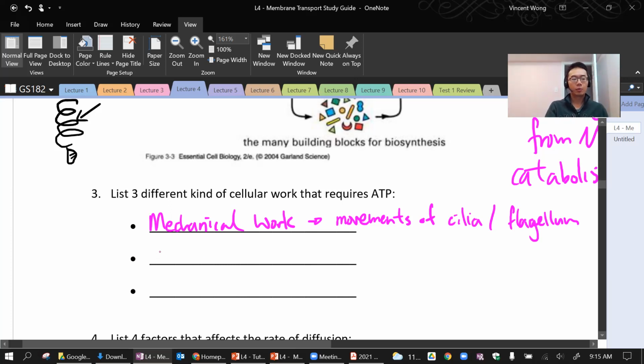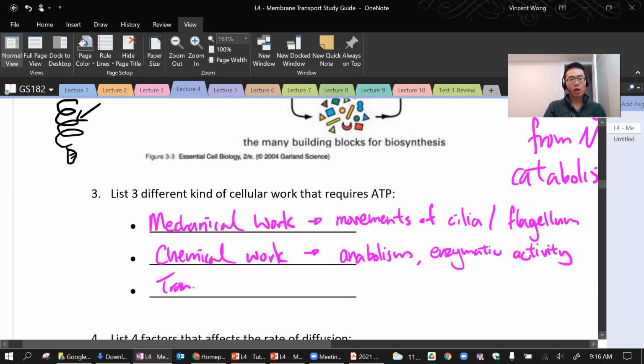Another type of work that you can do is chemical work. Many reactions require the input of ATP, just like I told you, such as anabolism. Even enzymatic activity sometimes requires ATP.